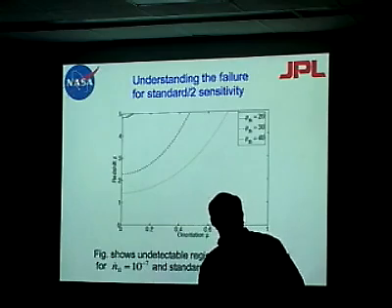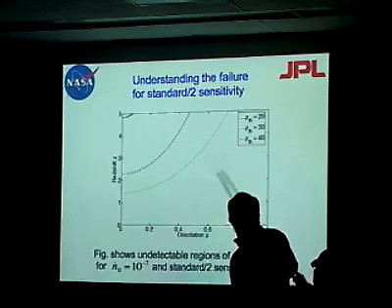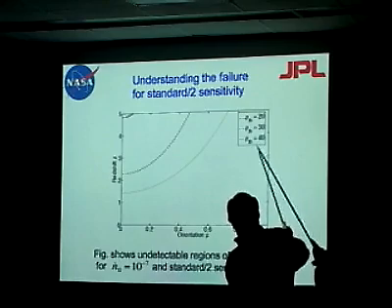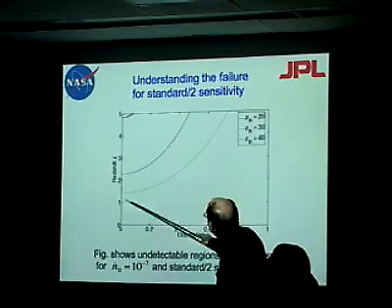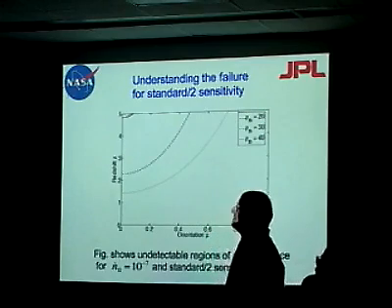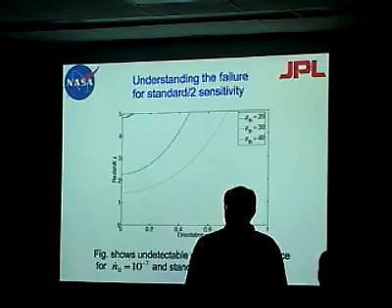This is understanding the failure of the subtraction for BBO over standard over 2 sensitivity and large rho theta. Basically, all these guys above this line would be unsubtractable, and that's just too much. If rho theta equals 20, then just these little guys are unsubtractable, and that's okay.